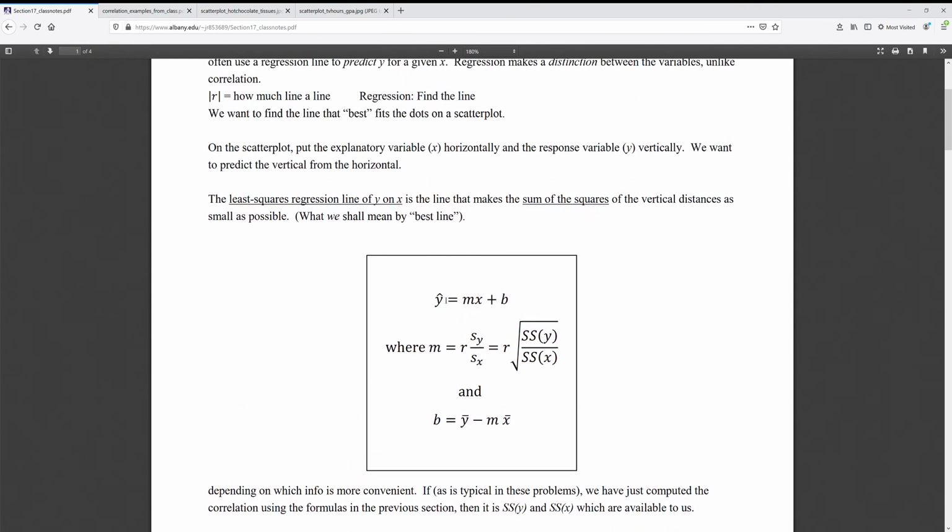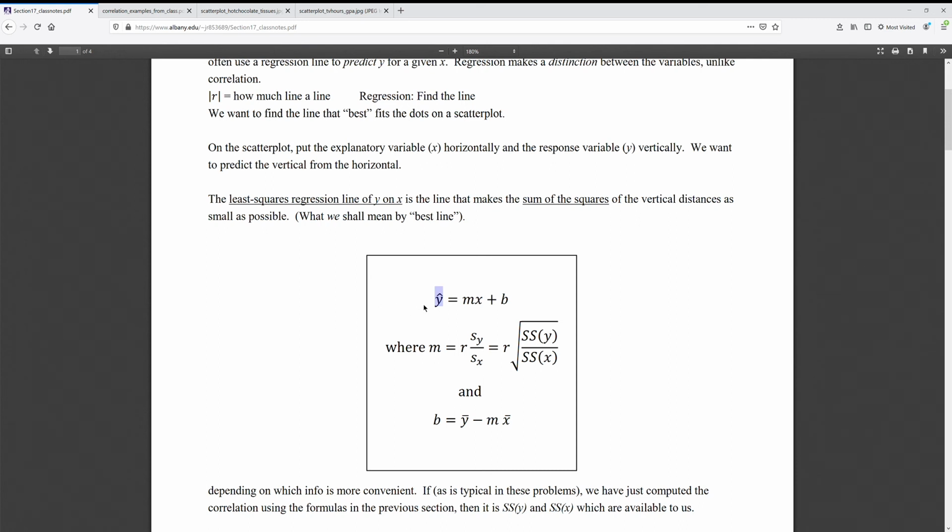Also, because we are talking about predictions, not realities, when it comes to the heights of the red dots that make up the line, remember, hat is a symbol in statistics that means predictor of. So when we're talking about the predictions, the red dots, the line, we're talking about y hat. The realities are the y's, the blue dots.